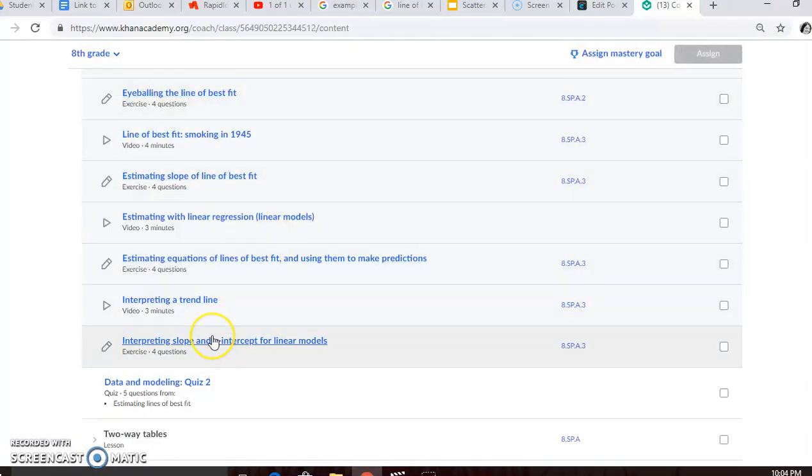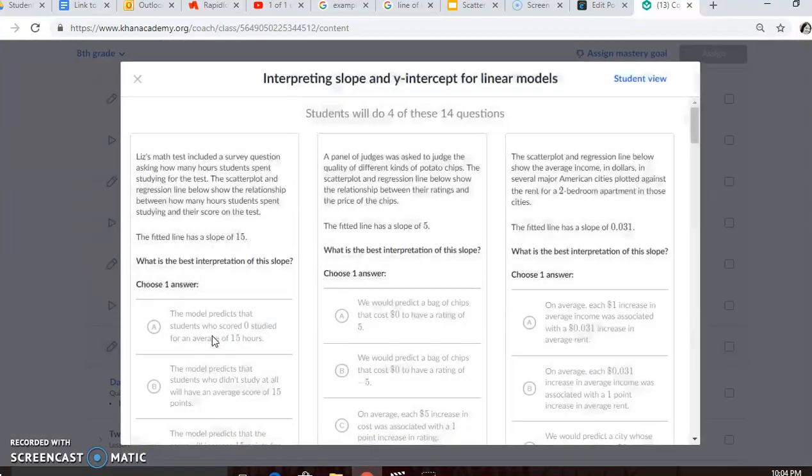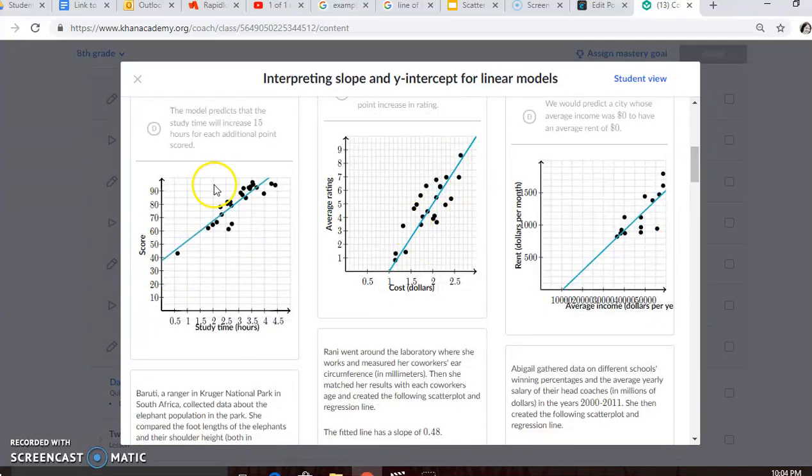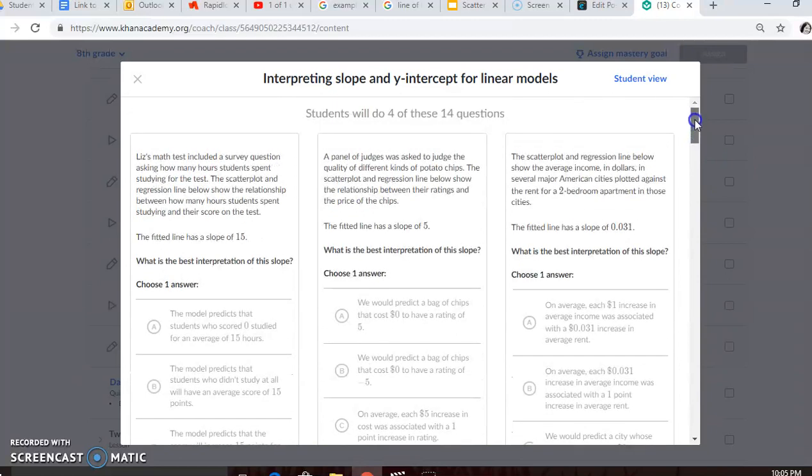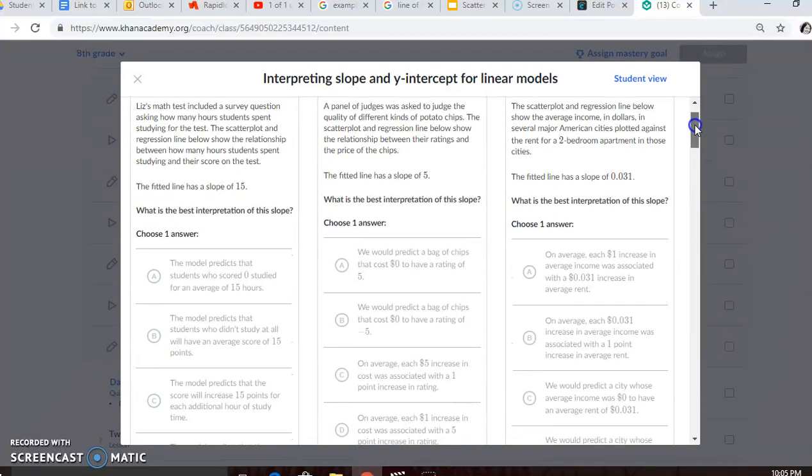Then the final exercise for Khan Academy for today would be interpreting slope and y-intercept for linear models. These are linear models. I have scatter plots, I have a line of best fit, and it's asking me to interpret. So I've got to figure out something about it.